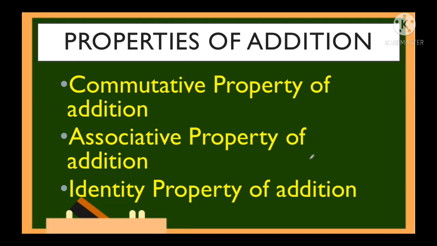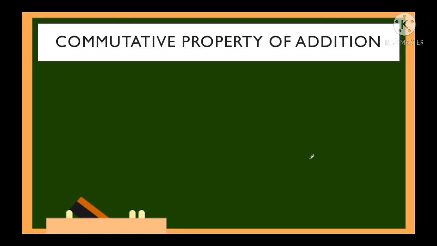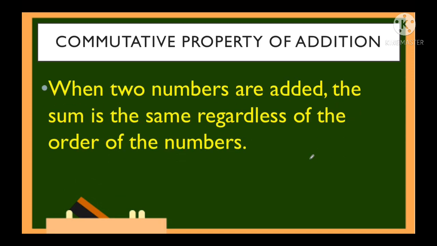Now let us discuss them one by one. Let us do first the commutative property of addition. Right? So what is the meaning of this? When we say commutative property of addition, when 2 numbers are added, the sum is the same regardless of the order of the numbers.